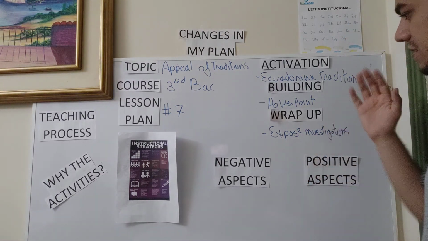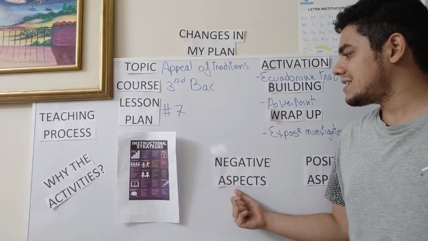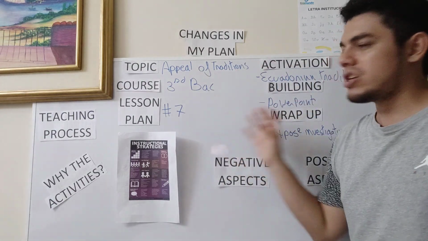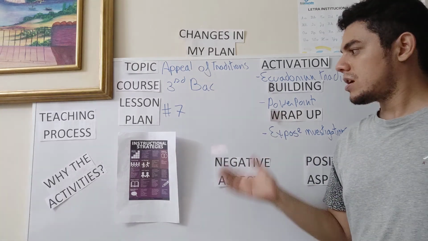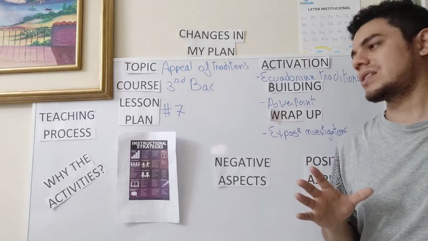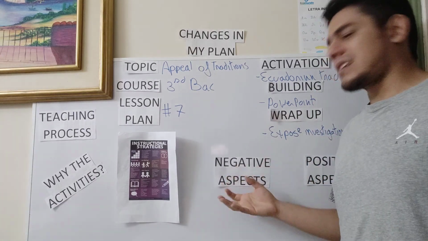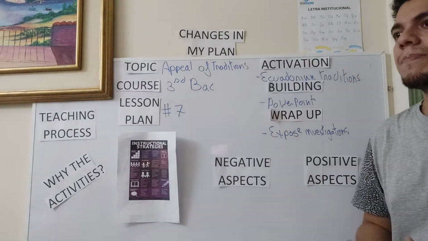So, okay, the negative aspect is maybe the time. We will need the time. Maybe we can do this in 2 hours. But if we distribute the time well, this can be developed in 1 hour and 10 minutes as a minimum. That is the negative aspect, that could be the time. Then we have the positive aspect. What is the positive aspect?